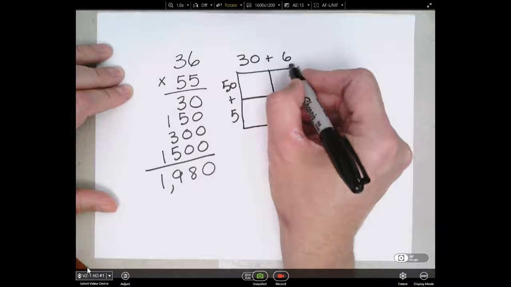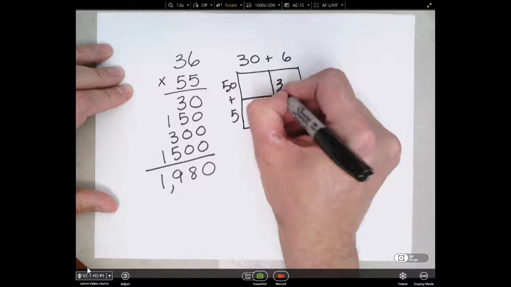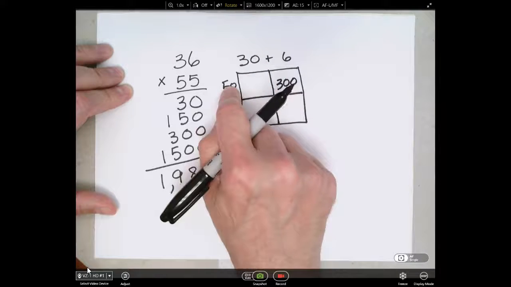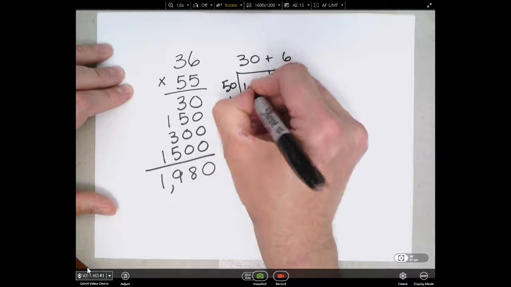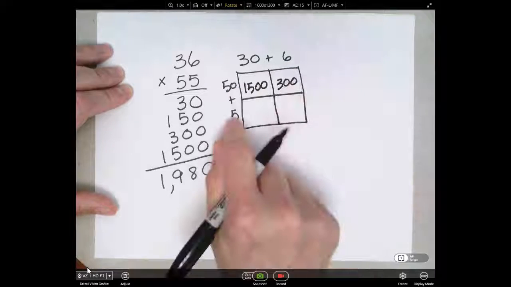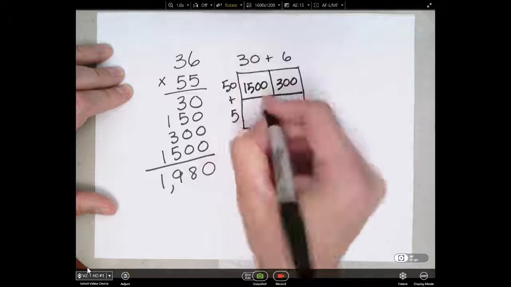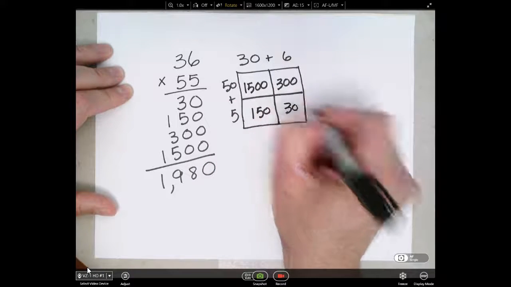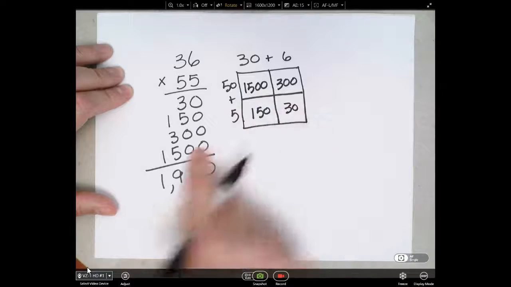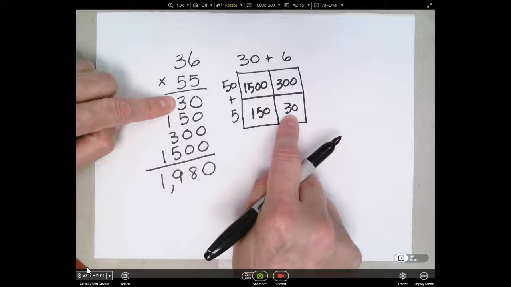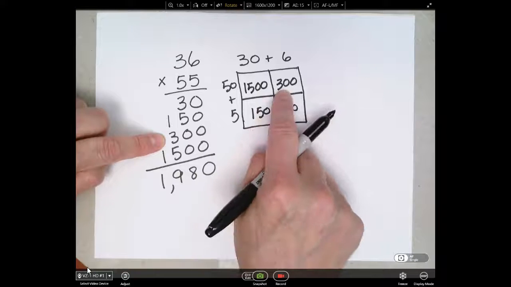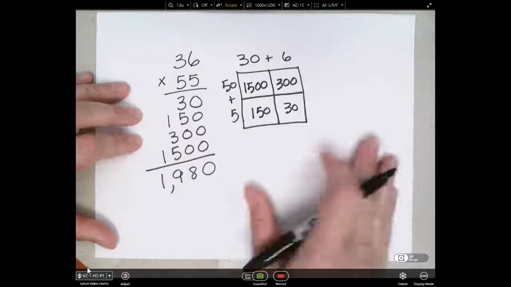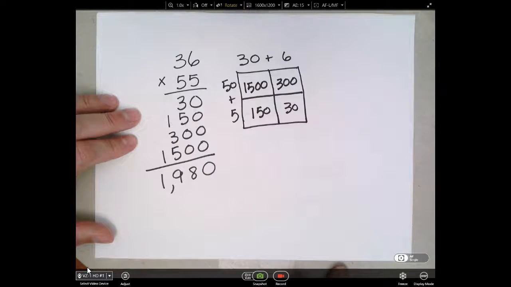So let's do this first. 6 times 50, okay, that's 300. 30 times 50, that's 1500. 5 times 30 is 150, and 5 times 6 is 30. And if you look at these four numbers here, okay, there's our 30, there's our 150, there's our 300, and there's our 1500. So that's what an area model looks like in multiplication.